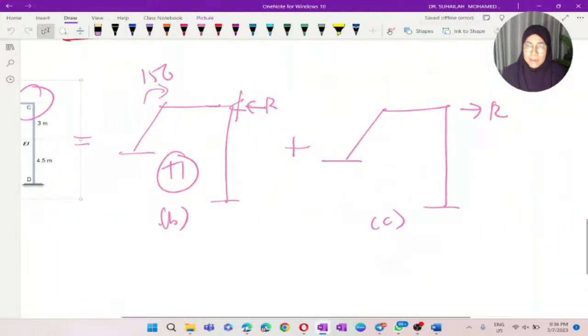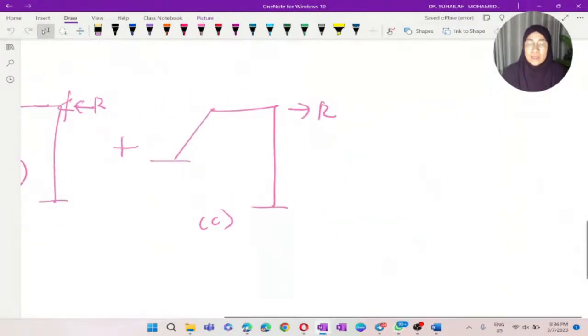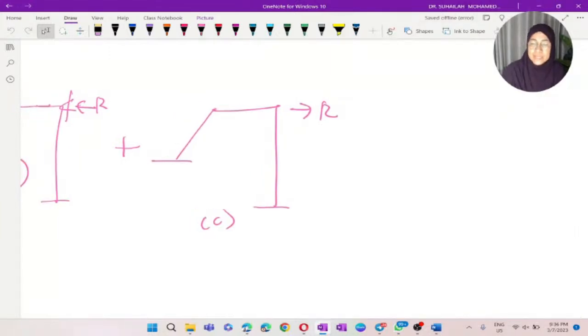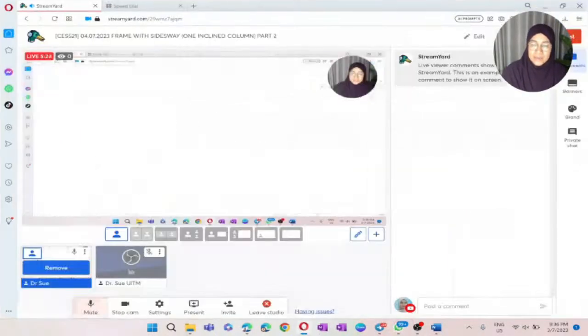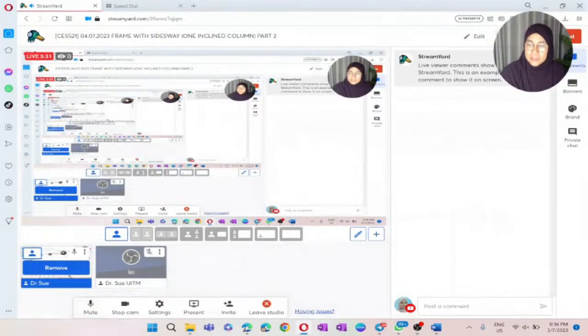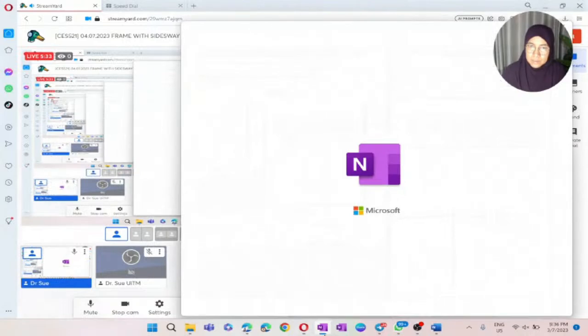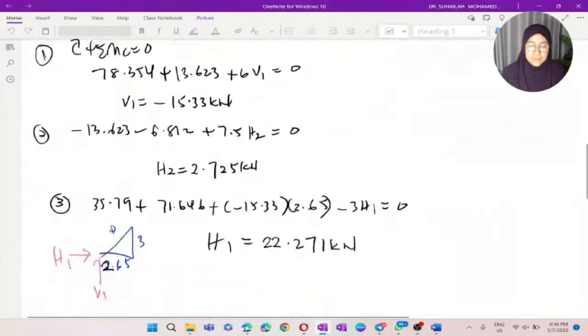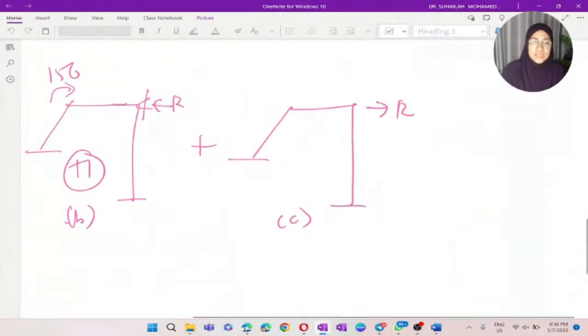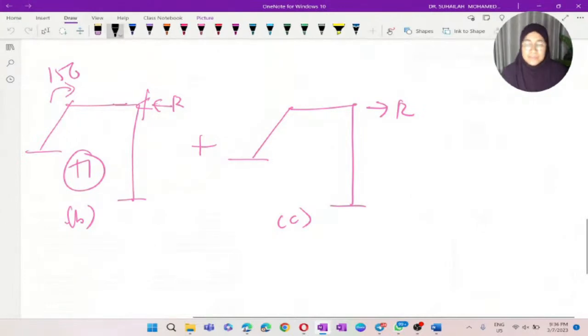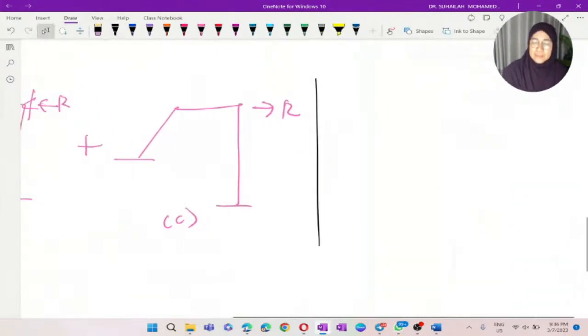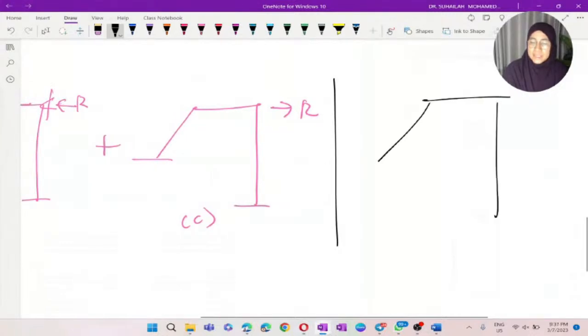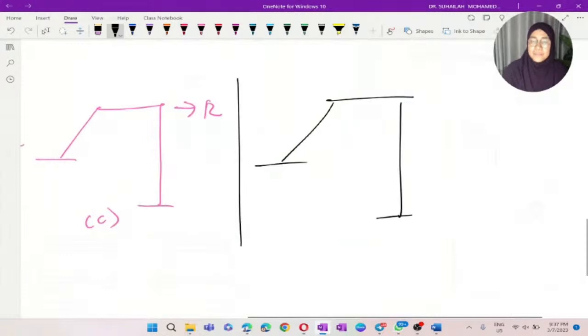When we want to analyze part 2, when we want to analyze the Sidesway frame only, we are actually analyzing diagram D. Diagram D is the same as C, but this time it is subjected to R prime.